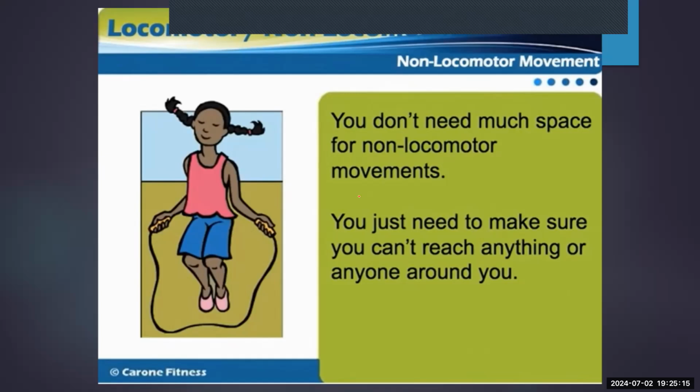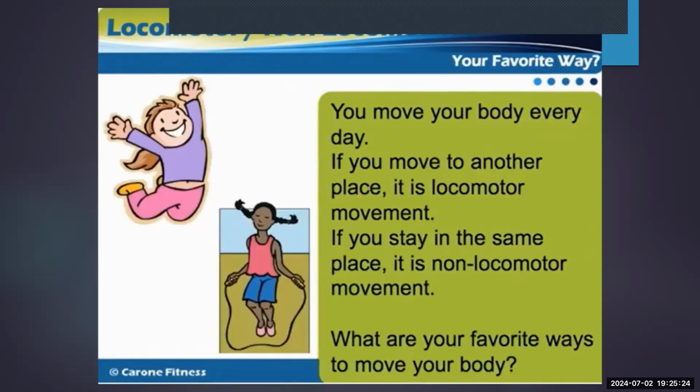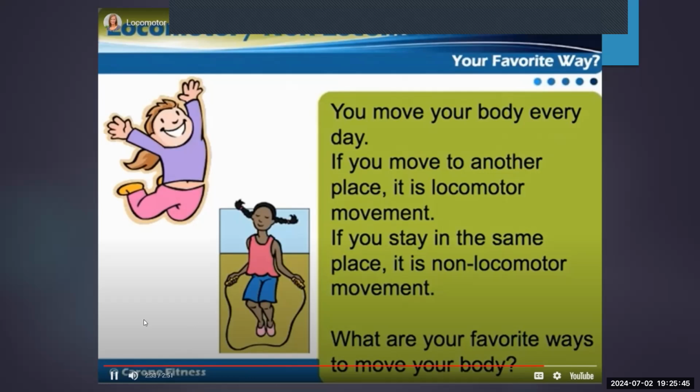You just need to make sure when you are doing non-locomotor skills that you can't reach anything or anyone around you. You move your body every day. If you move to another place, it is locomotor movement. If you stay in the same place, it is non-locomotor movement. What are your favorite ways to move your body? Now it is time to go to the next assignment in your module.